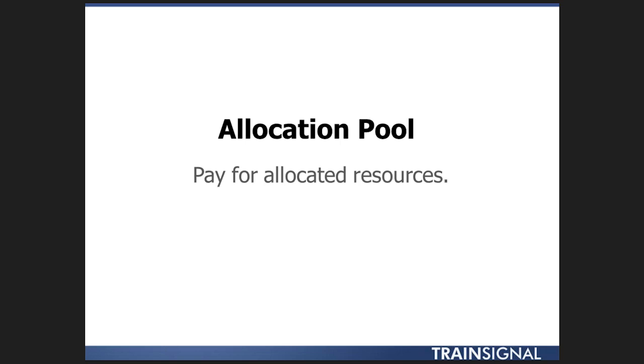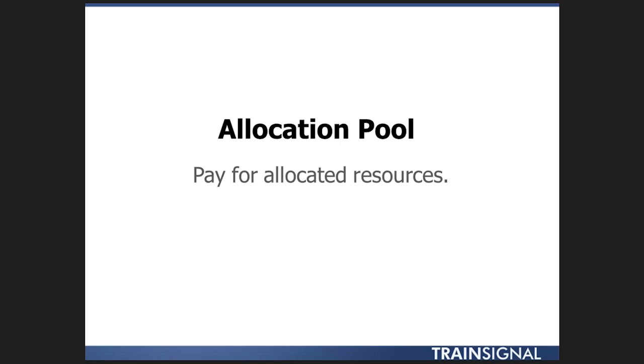The allocation pool is great if you kind of know how much you're going to be using, and the provider can allocate a percentage of resources for you to that pool.